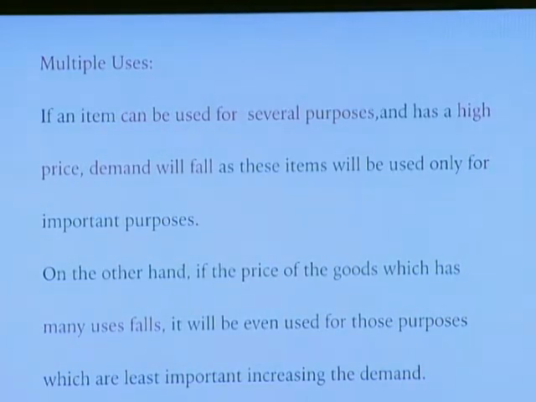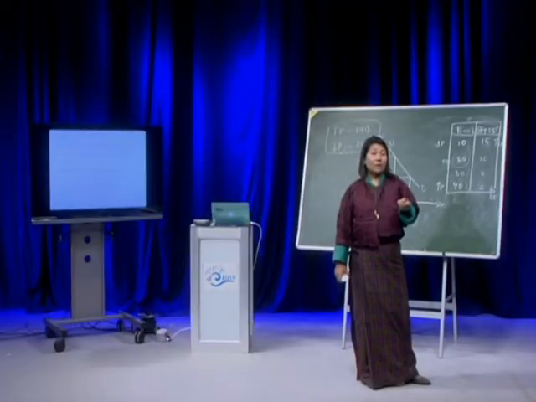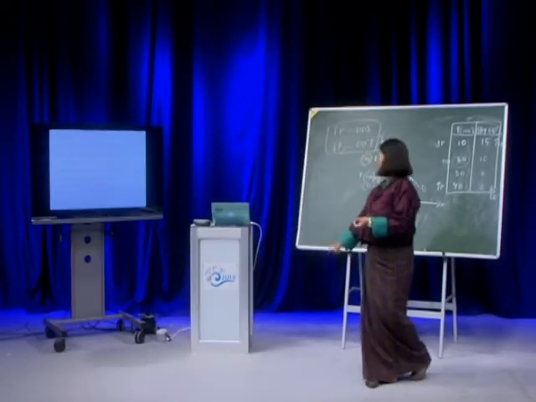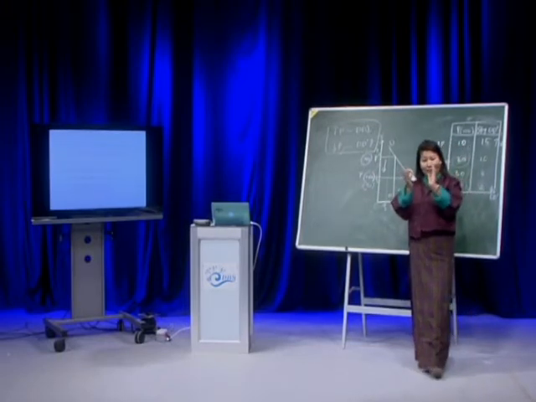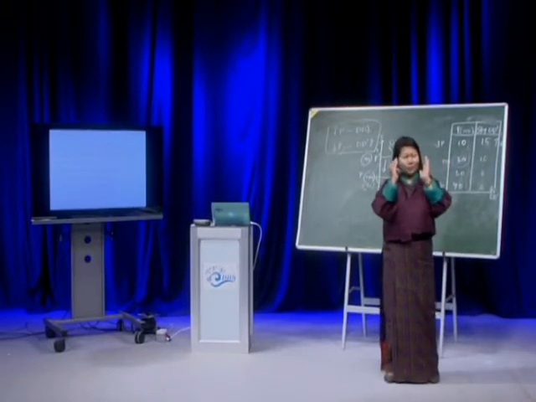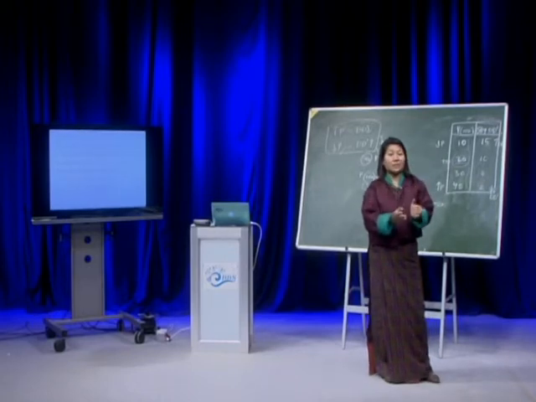So a good which has multiple uses, if their prices fall, you will demand more and you will put it to use for other purposes which you were not using earlier.